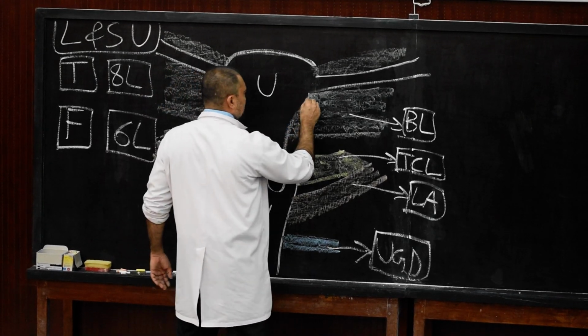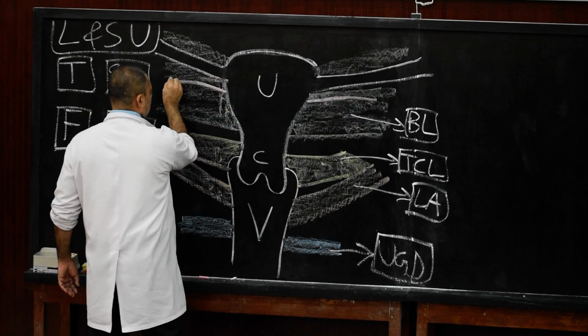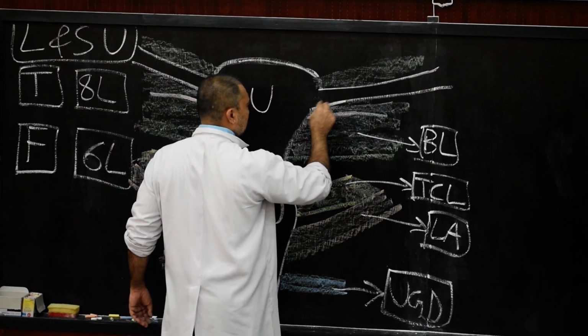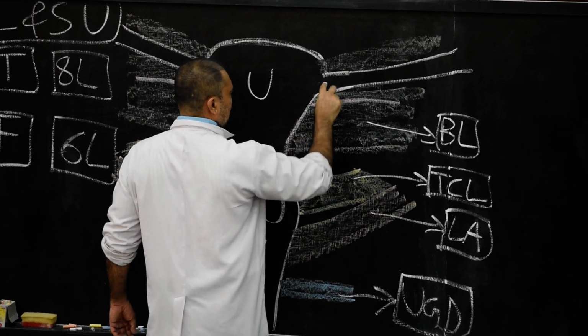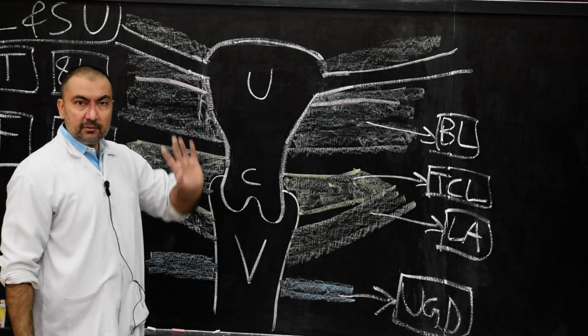From this angle the round ligament will start, exactly just below the opening of this fallopian tube. So this is the round ligament of uterus.